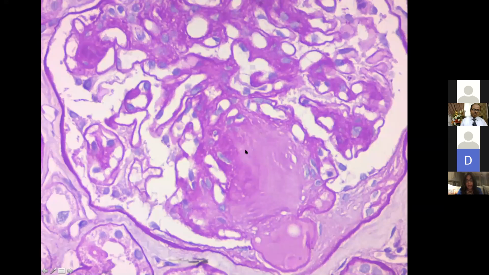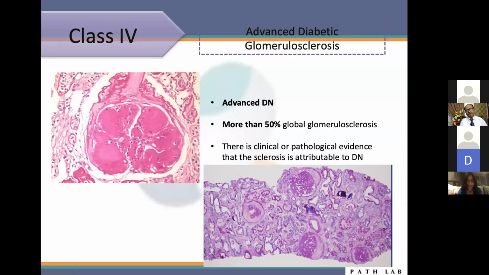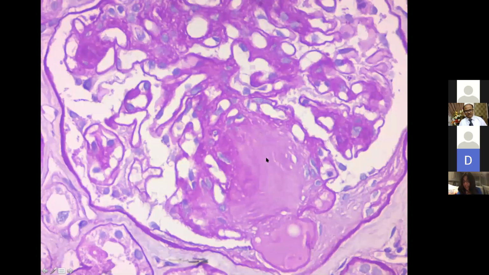And you can see here the hyalinosis and the nodule actually extending into the Bowman's capsule. The capsular drop? I'll show you a capsular drop. A capsular drop is not continuous with the glomerulus.